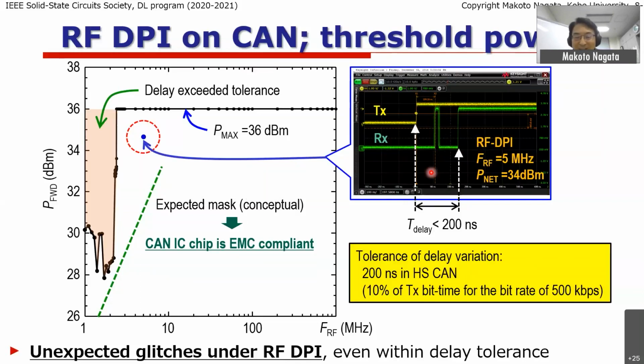In this case, we also need some way of understanding what is happening in the circuits. What is the interaction between the RF power and the operation of the circuits? Very deep understanding or deep analysis, or scientific research activities, are needed for the complete understanding of the interaction between the RF and the CAN.